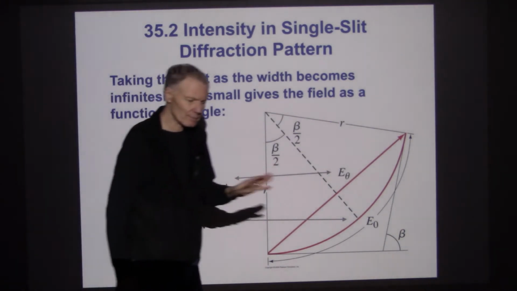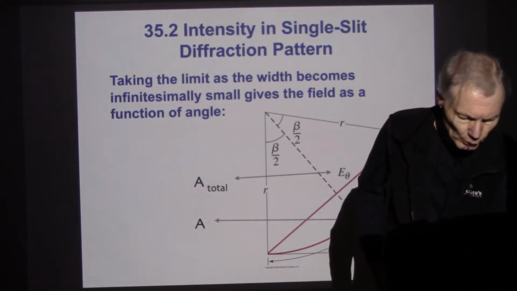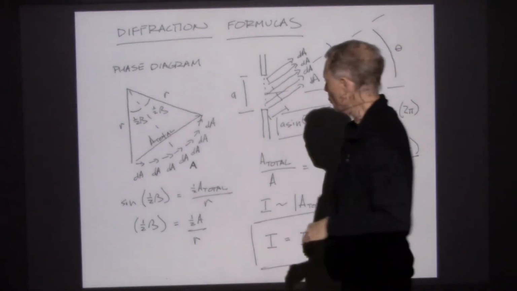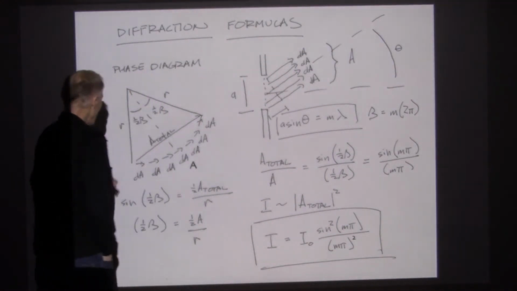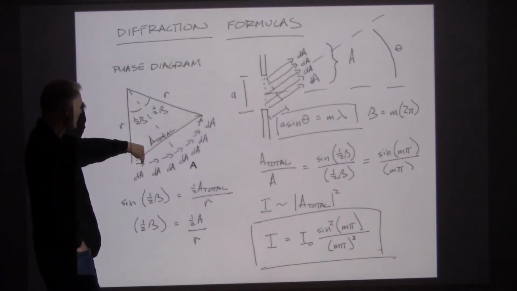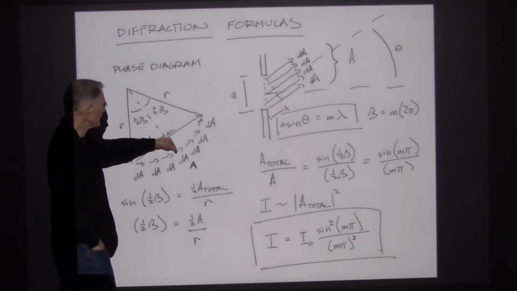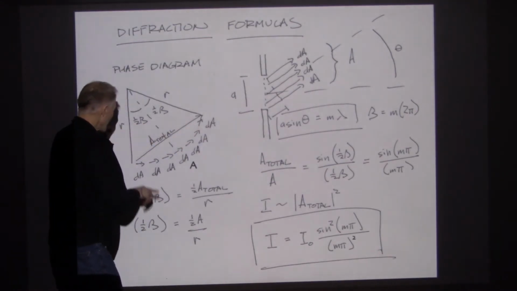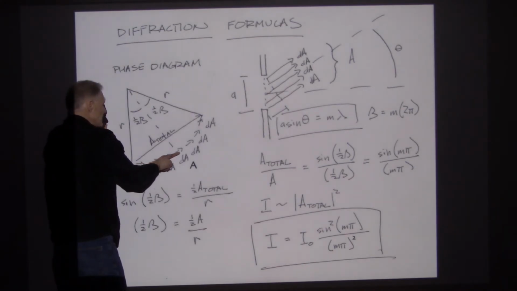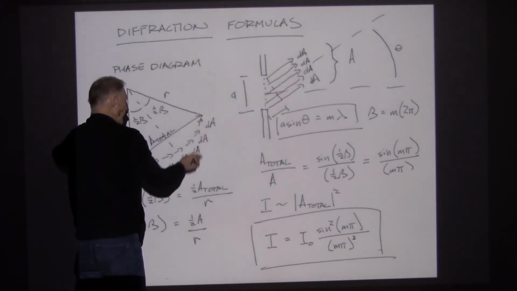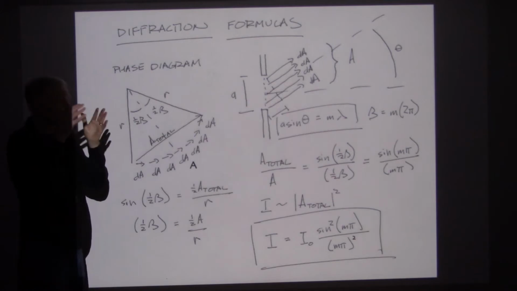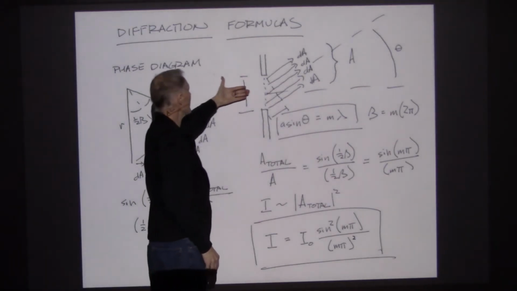Okay, so we have another diagram here to look at, and you guys can flip back and forth to see how this works. Now I have changed over and written this in terms of a whole series of little tiny dAs, and once I add all of those dAs together, I will get the total amplitude of light coming into that width.